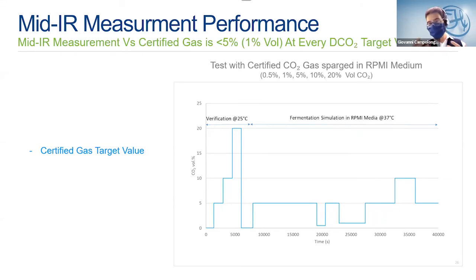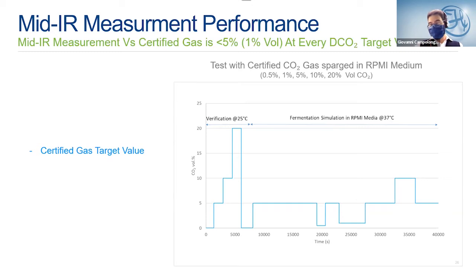So one easy test that we did during the development of our sensor, to be sure that there is no interference, was that we took one of the typical media that you can have in cell culture, RPMI, and at certain specific times, we saturated this RPMI using certified gas bottles containing different mixtures of CO2. CO2 at certified 5%, certified 10%, certified 20%, and so on.